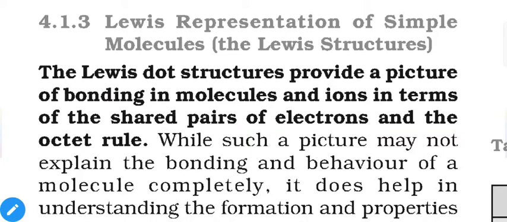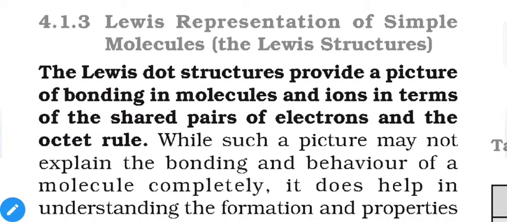That means you have to arrange 8 electrons around each atom except hydrogen, because hydrogen needs only 2 electrons to gain the electronic configuration of helium. The remaining elements require 8 electrons, and between two atoms at least 2 electrons must be present to form a covalent bond.